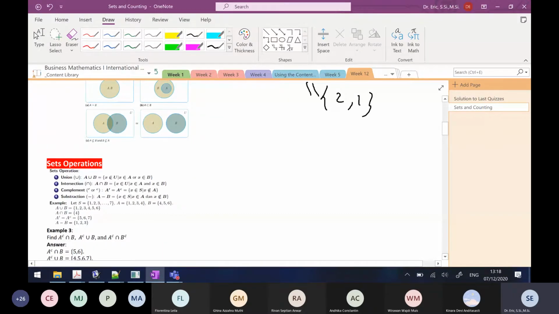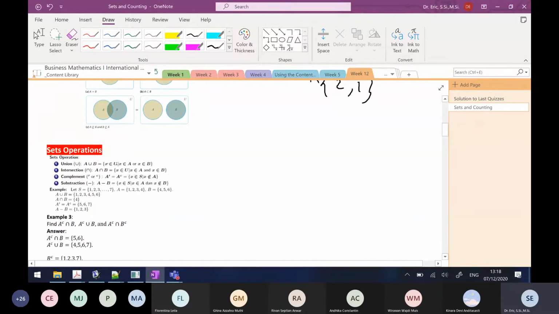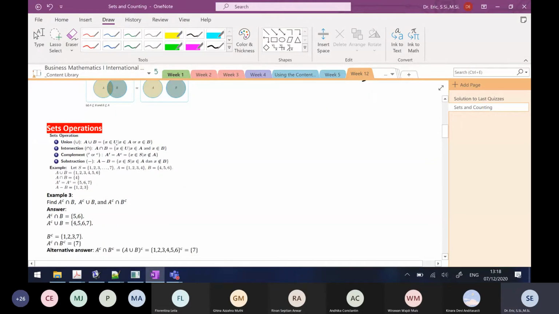Union: A union B is all x in the universal set U that are in A or in B. Intersection: x is in A and in B. Complement: x in the universal set U, but x is not in A. A minus B, we usually say this is A intersection B complement: x in the universal set that is in A, but not in B.